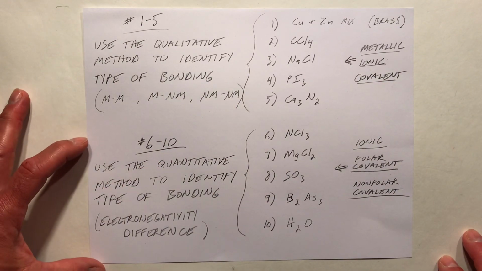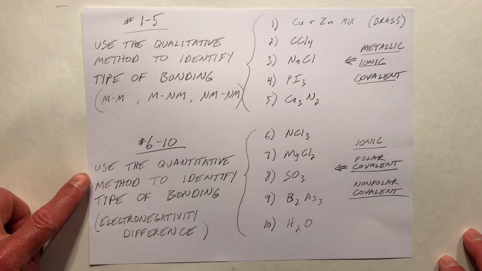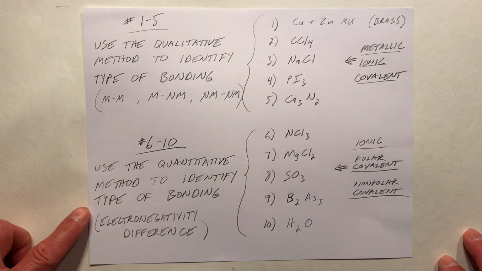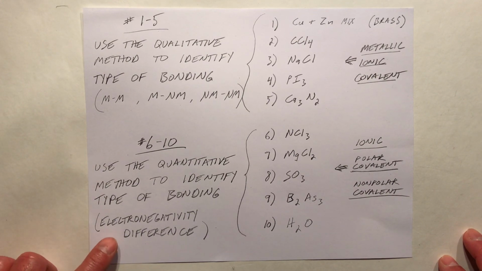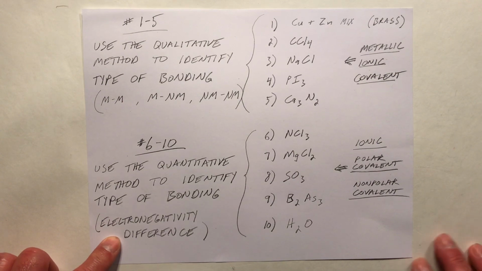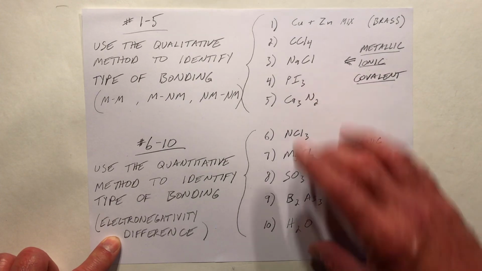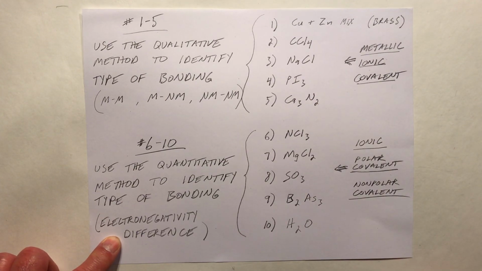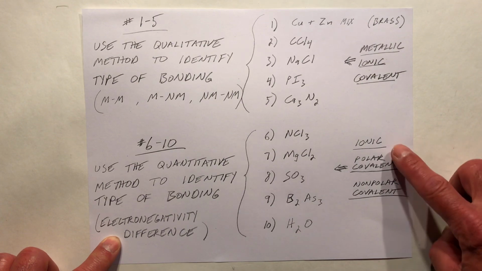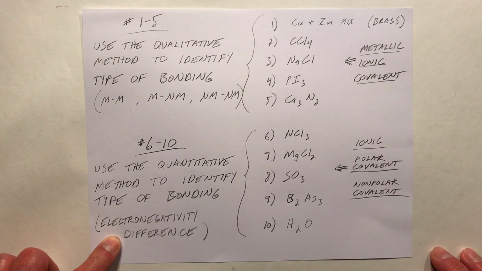And for 6 through 10, you should be able to use the quantitative method to identify the type of bonding, where we employ the electronegativity values and subtract the big value minus the small value to get a difference in electronegativities. So for these 5 compounds, if the difference in electronegativity is greater than 1.67, we have an ionic bond.